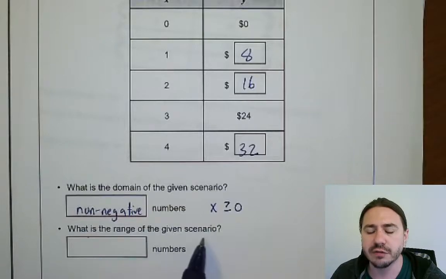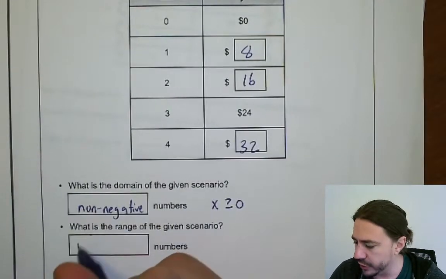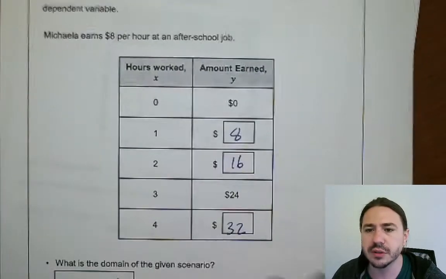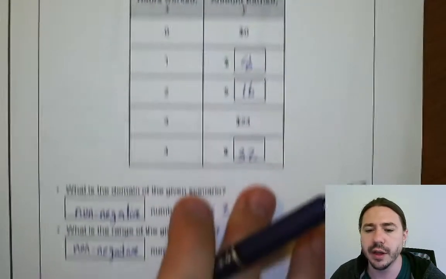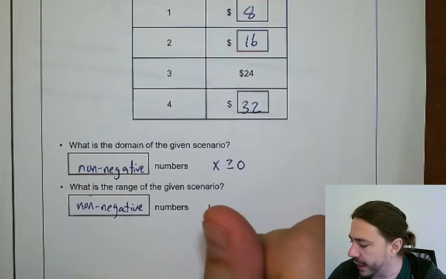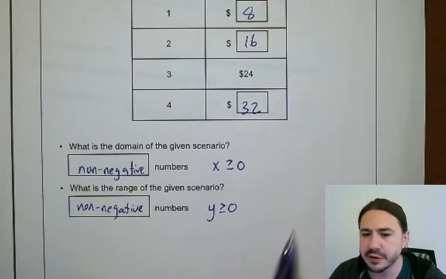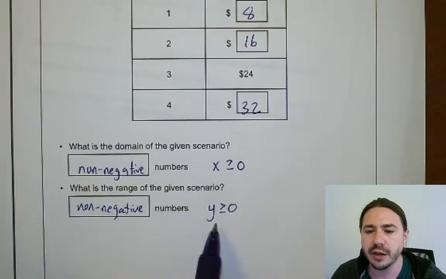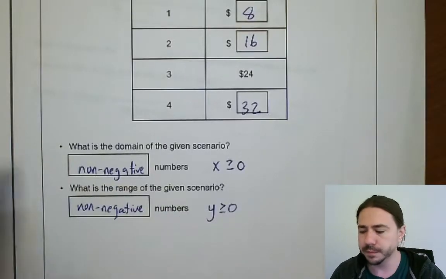What's the range of the scenario? Well, also all the non-negative numbers, because we do want to include 0, but we want to include every number that's bigger than that. The way we would write that using an inequality would be y greater than or equal to 0. So the domain is x greater than or equal to 0, and the range is y greater than or equal to 0.